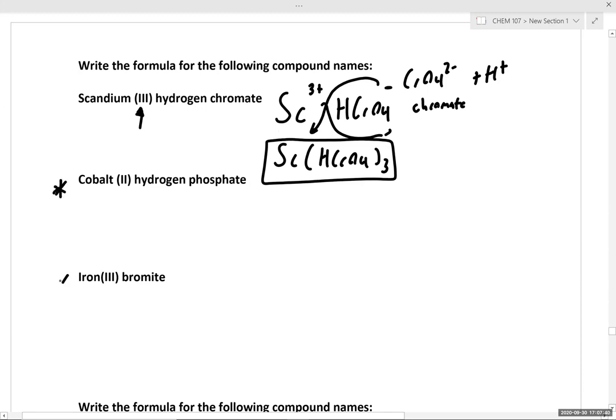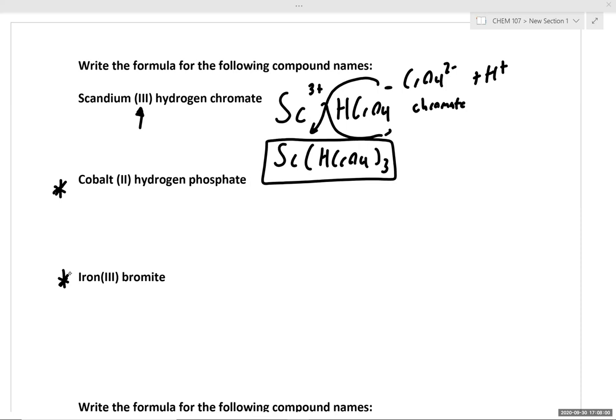What I would like you to do now is to work on the next two examples in this series. Let's take about 3 to 4 minutes to work on these examples, and I'd like you now to try and write a valid formula for each of these two compounds.